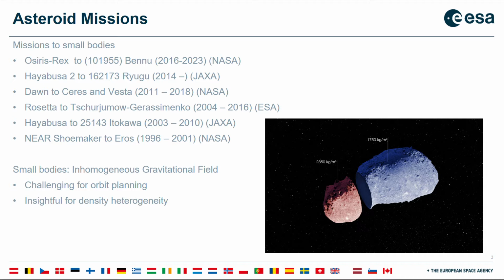And the explanation is then that Itokawa must have been formed by a collision of two different bodies of different densities, which then stuck together. And this holds for many bodies, where knowing something about the internal mass can help you understand something about them and their history.